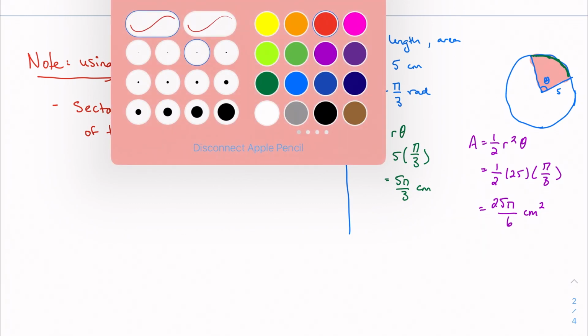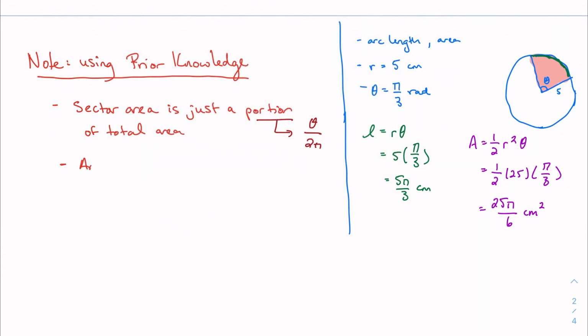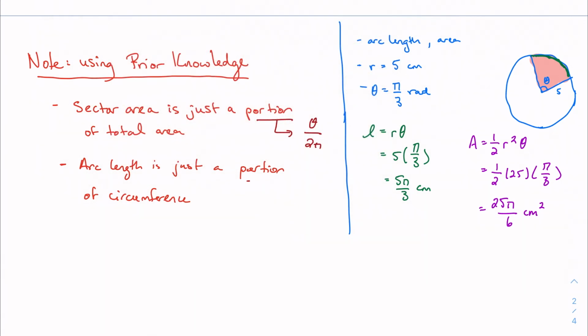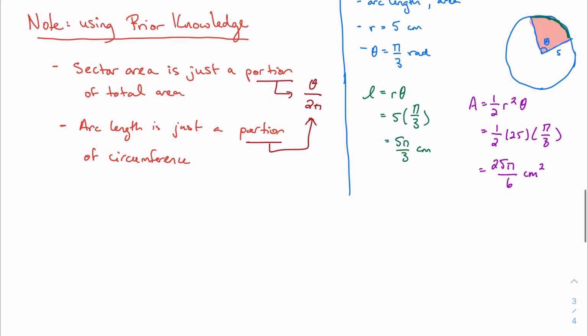And then arc length is very much the same thing. Arc length is just a portion of circumference. So if maybe you can't find the formula in your formula booklet, or you just don't want to use it because you think it'd be faster, I have the option to just apply my prior knowledge.